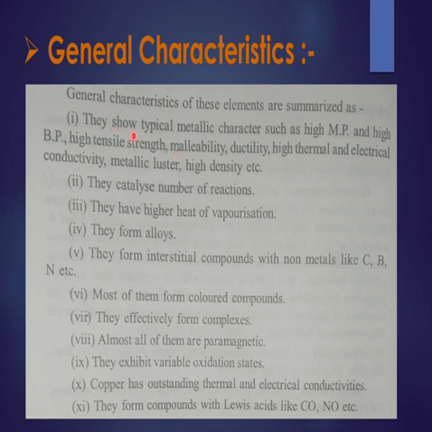They show typical metallic character such as high melting point and high boiling point, high tensile strength, malleability, ductility, high thermal and electrical conductivity, metallic luster, which is called chakaki in Marathi, high density, etc.